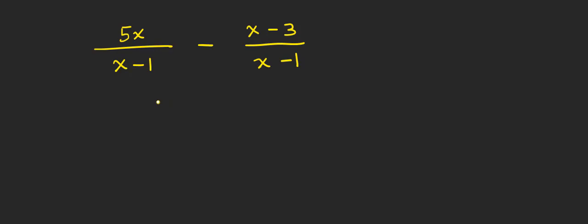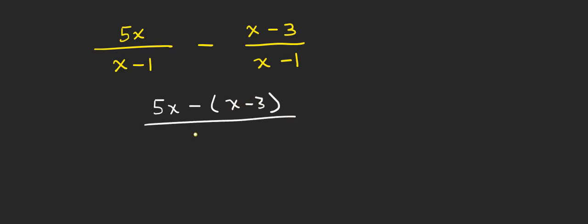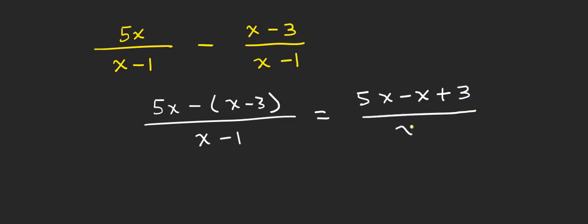So this is the same thing as 5x minus quantity x minus 3 all over x minus 1. So you end up getting 5x minus x plus 3 all over x minus 1. So you get 5x minus x, which is 4x plus 3 all over x minus 1.